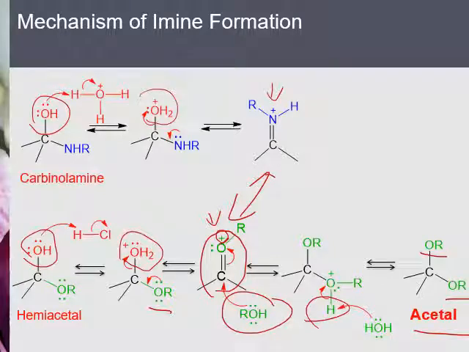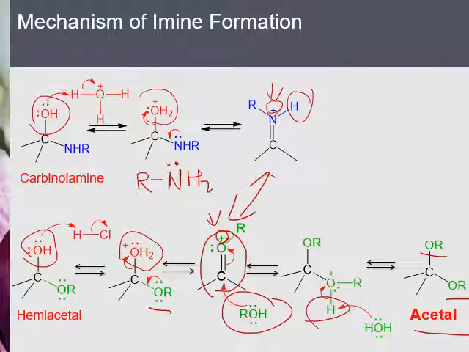On the other hand, in the case of amine reaction, the nitrogen has a positive charge, but also has a hydrogen. Remember we start with a primary amine, so R, 1 alkyl group with nitrogen, 2 hydrogens with a lone pair of electrons. This is the primary amine.